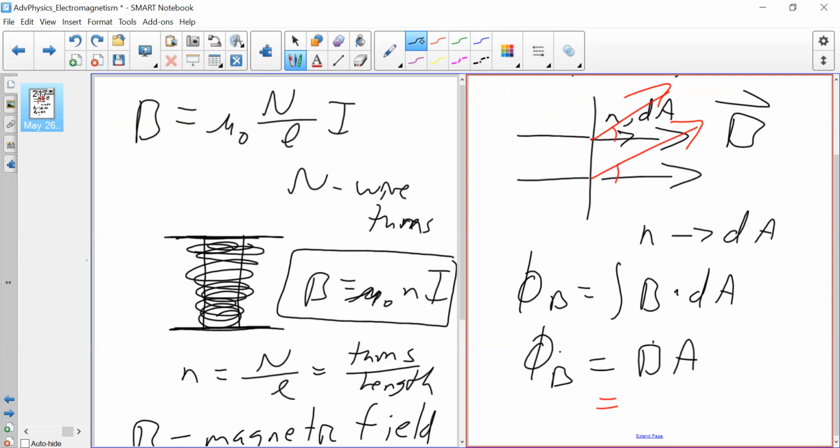So the general equation, where theta equals 0 or 180 or some arbitrary angle.